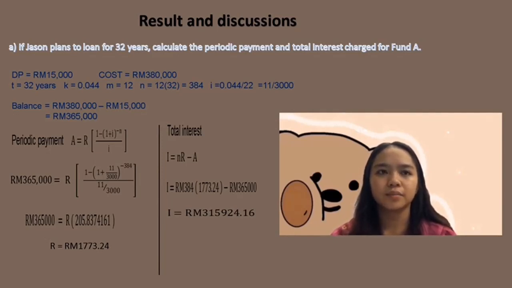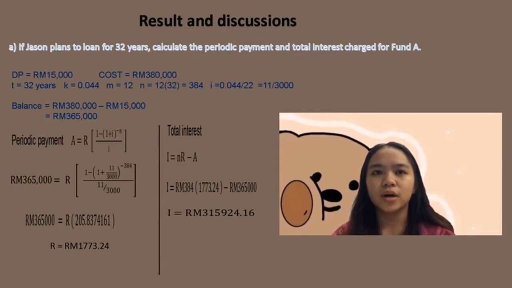RM 365,000 equals R times 205.8374161. So the answer R is RM 1,773.24. Total interest I equals NR minus A.